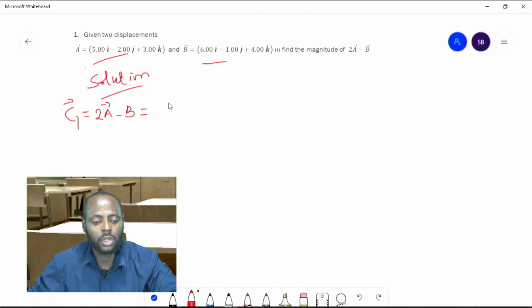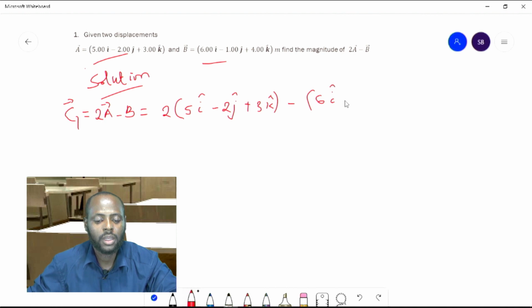That gives us 2, and we write entirely our vector a, which is 5i minus 2j plus 3k. So we put our hat on our unit vectors. Then we have minus here from the question, then we have our vector b. Because of the minus sign, we need to put it in brackets.